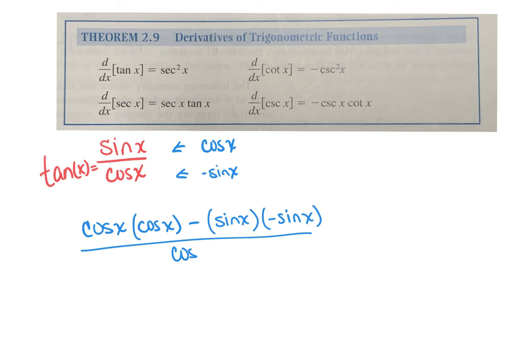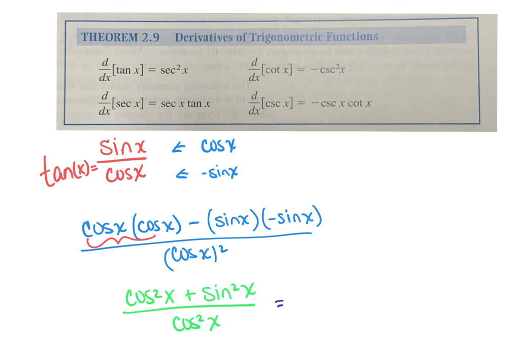That's technically cosine of x squared. So this cosine times cosine is cosine squared. Negative negative is plus, sine times sine is sine squared. What is sine squared plus cosine squared? Always, the Pythagorean identity, 1, over cosine squared. What is the reciprocal of cosine? There we go.